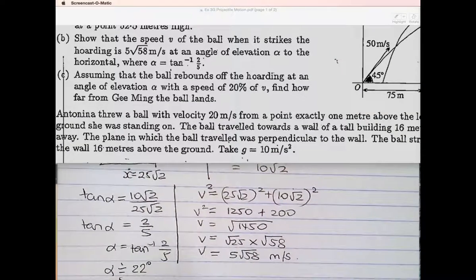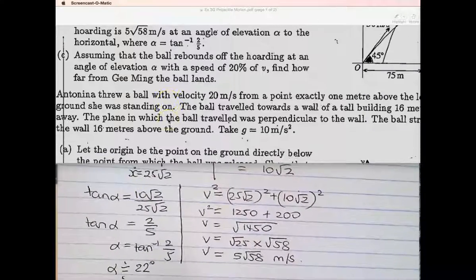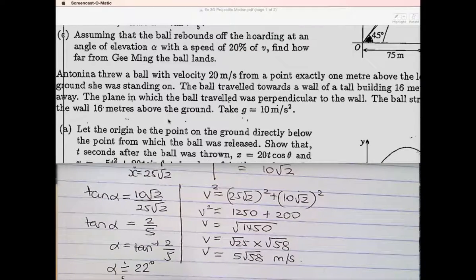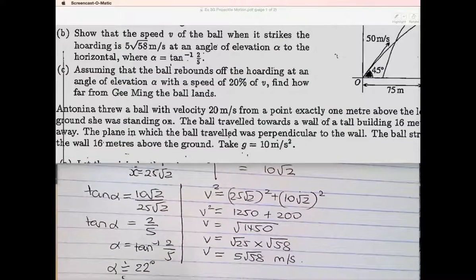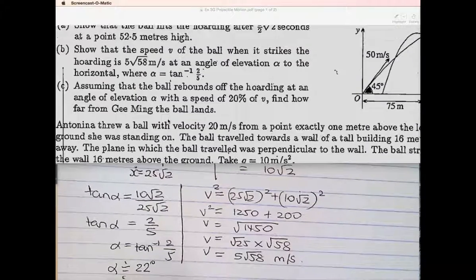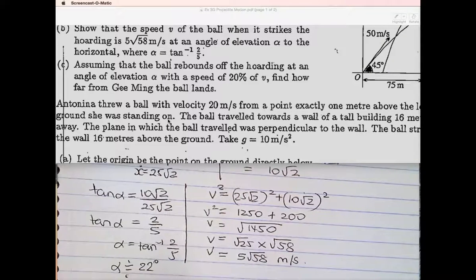Okay, assuming that the ball rebounds off the boarding at an angle of elevation alpha, with the speed 20% of v. Girls, with physics, they're saying the rebound angle is the same as the angle of inclination.